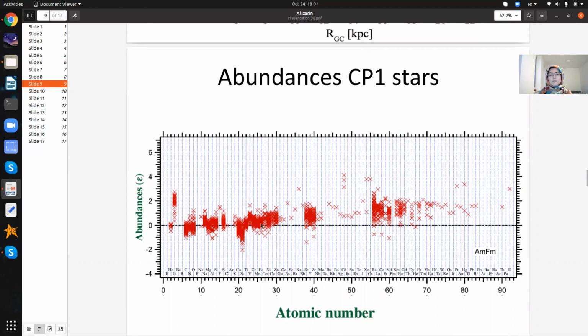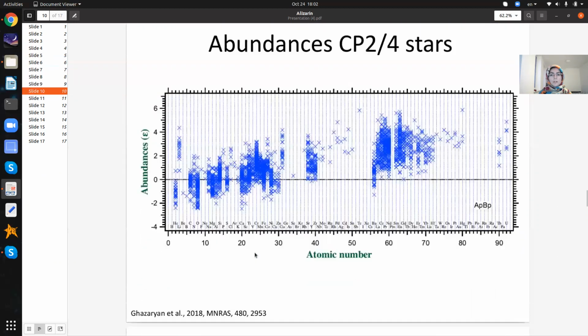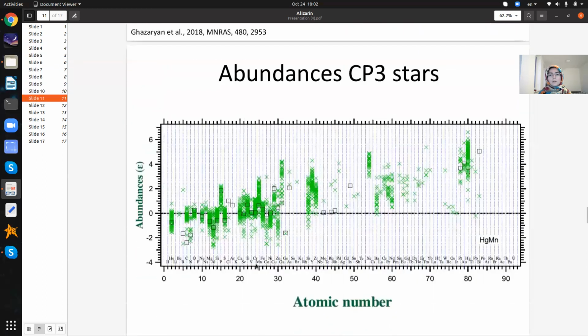So the magnetic field is very important for abundance, metallicity. Here also you see that for CP3 stars that have no magnetic field, the abundances are again lower than 0.